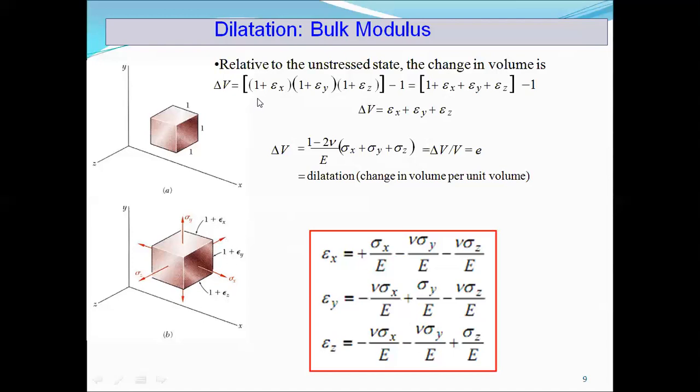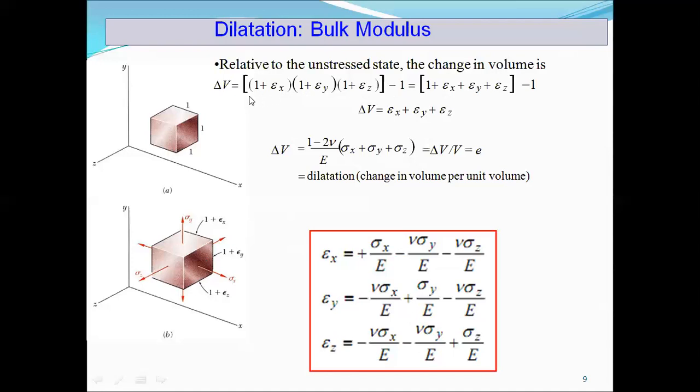So (1 plus epsilon x) into (1 plus epsilon y) into (1 plus epsilon z) gives you the volume after the material is subjected to the general loading. So new volume minus original volume.